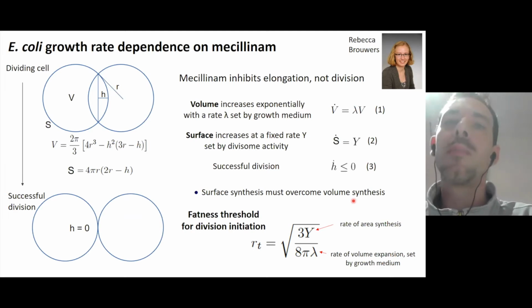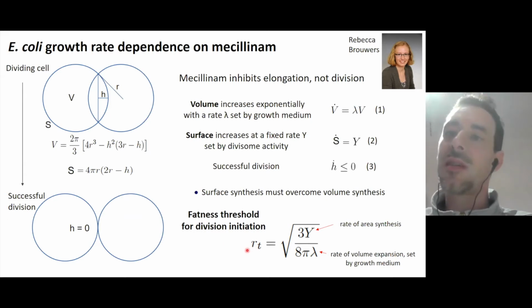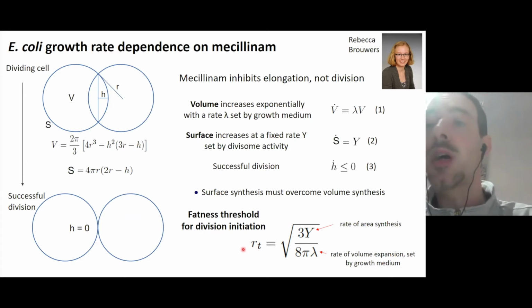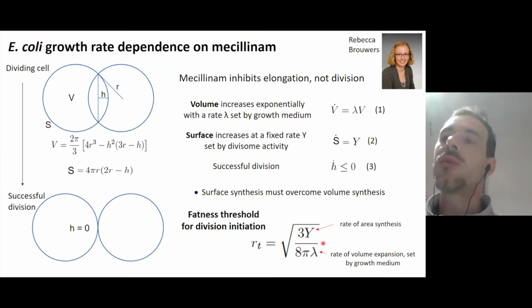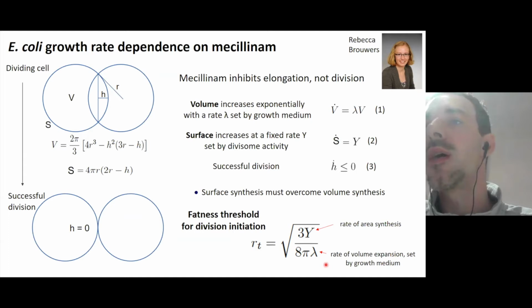Once you plug the volume and the surface in equations 1 and 2, and also use the constraint 3, you obtain for a successful division that there is a fatness threshold, basically a radius that tells you that the division can be successful. And this fatness threshold is expressed by the equation on the bottom and depends on the rate of surface synthesis over the volume expansion.